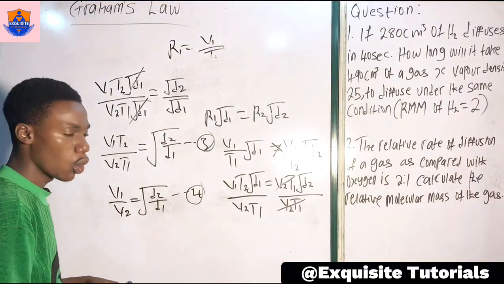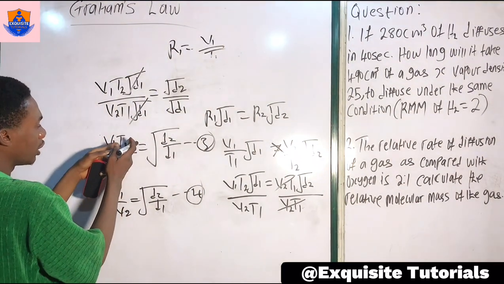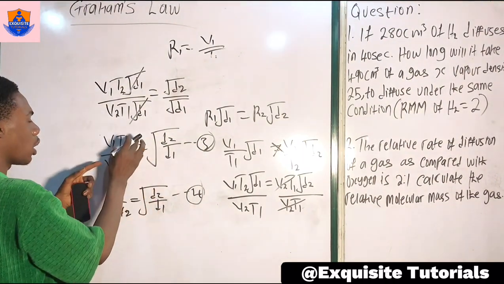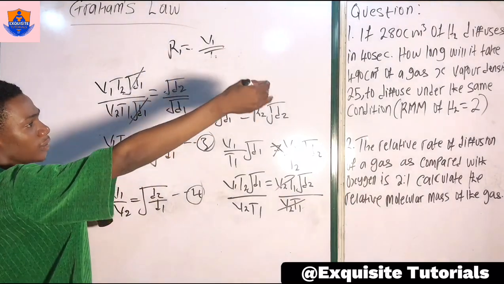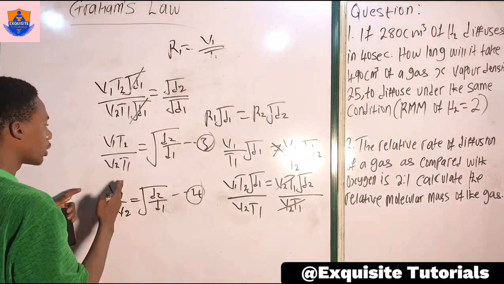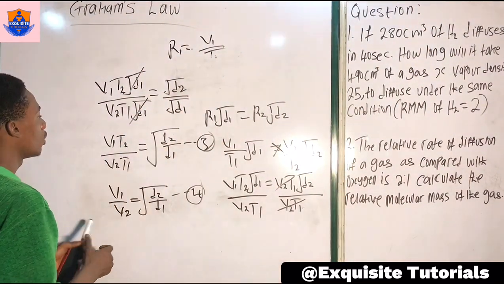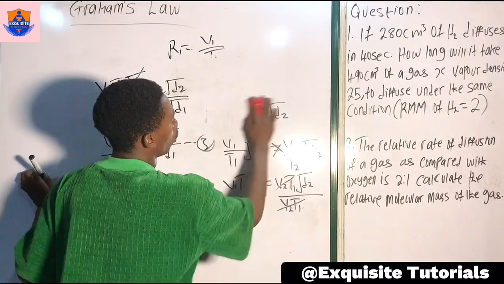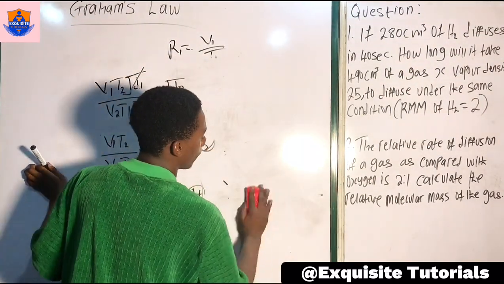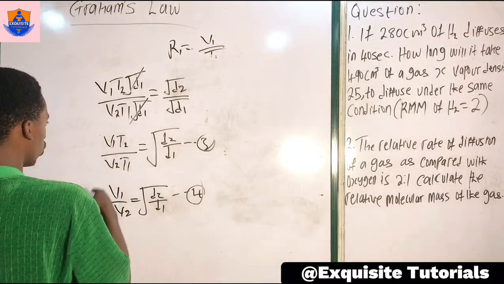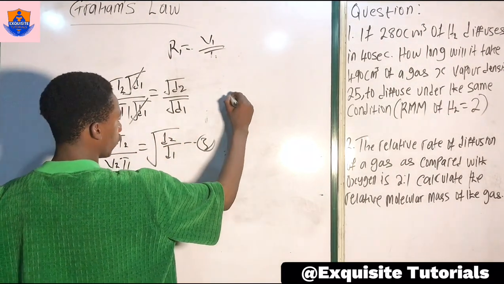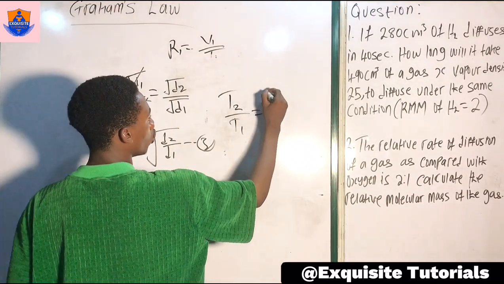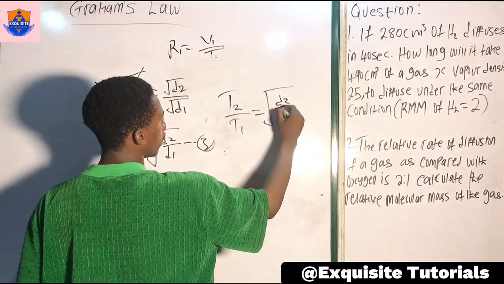And another question comes, they change the temperature, they have the first temperature and they increase the temperature to another value, a higher degree Celsius, but at a constant volume, meaning V1 is equal to V2. Since they are equal, they will cancel out. So we are left with T2 over T1 is equal to root D2 over D1.